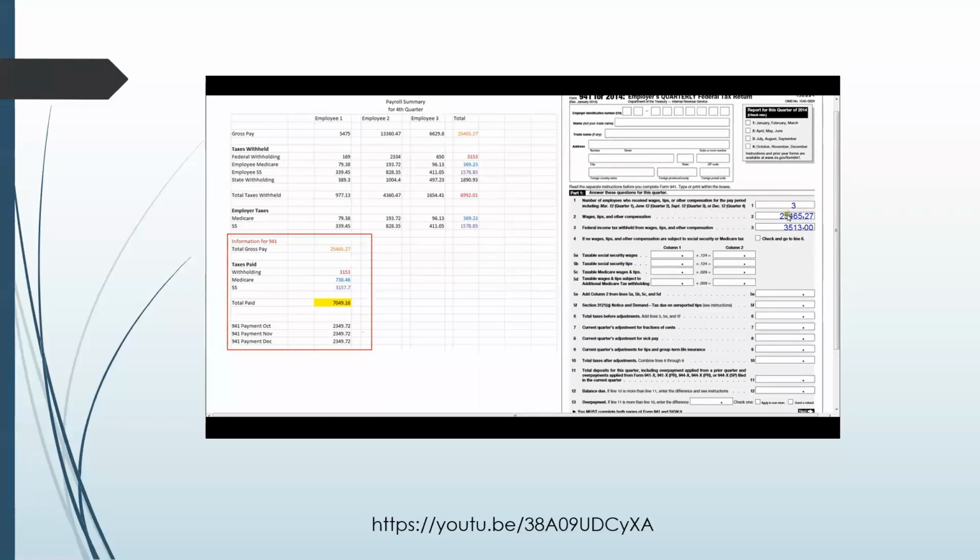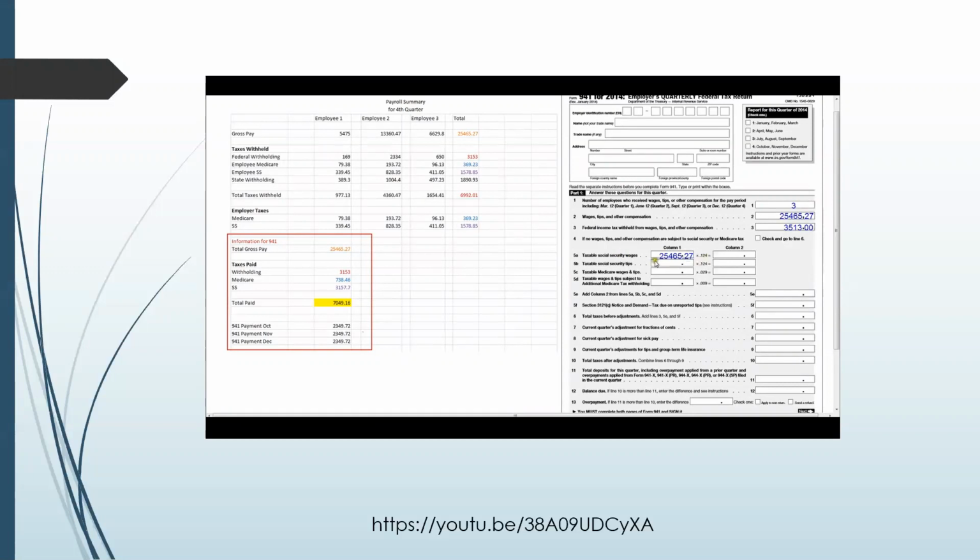And this number is going to be the exact same as the total wages that you've paid, because all of the wages that I've paid are subject to Social Security wages. So the $25,465.27 is going to go right here in column 1. And then you would multiply that by the Social Security rate, which is 0.124.